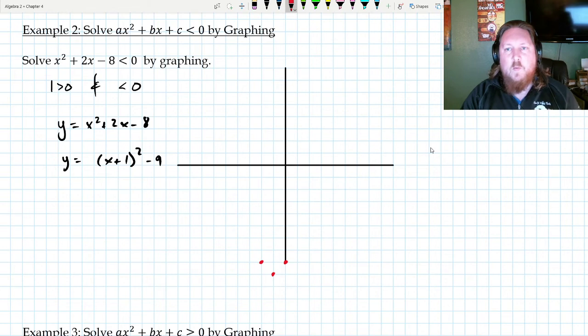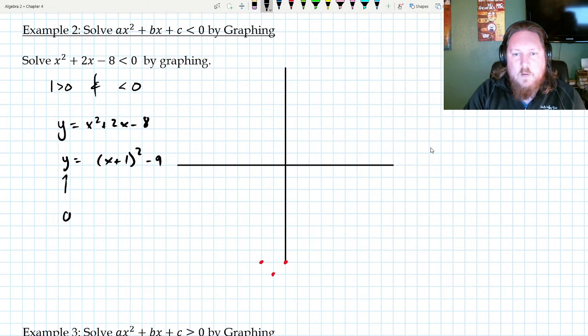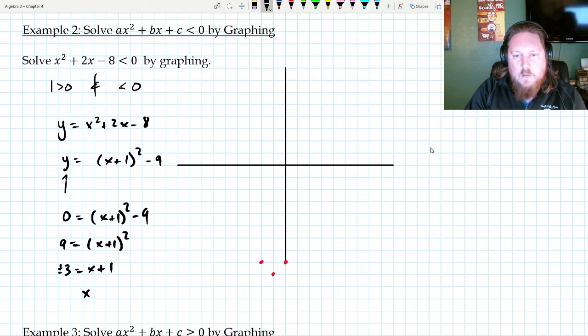Now I've got to figure out where the roots are. All I have to do is set that equal to 0 and solve for x. Add 9 to both sides, take the square root, subtract 1.